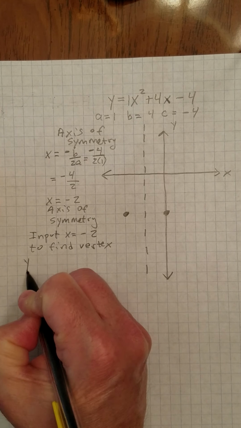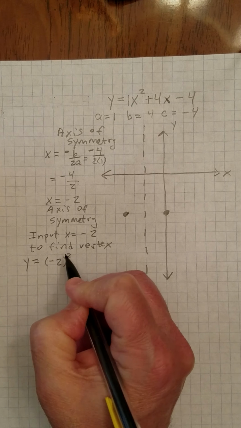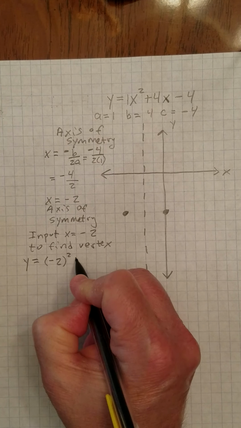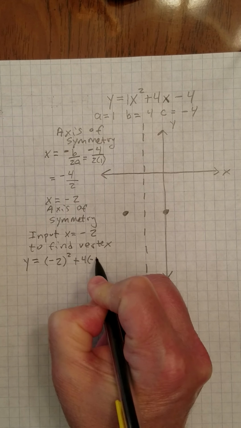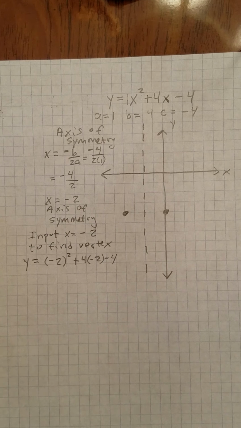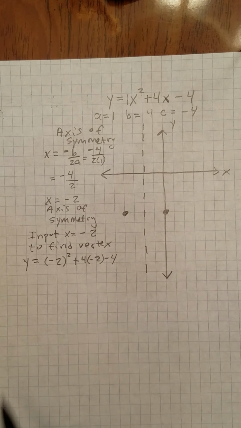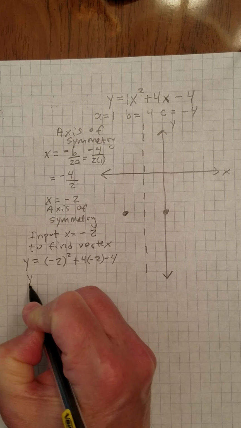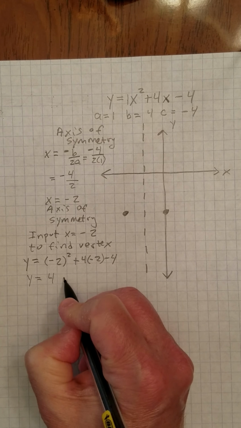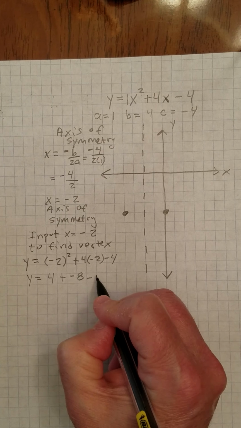So it's going to be y is equal to -2 squared plus 4 times -2 minus 4. So what you have done is you have input -2 into the x values here. Now we're just going to follow PEMDAS. -2 times -2 is +4 plus -8 minus 4.